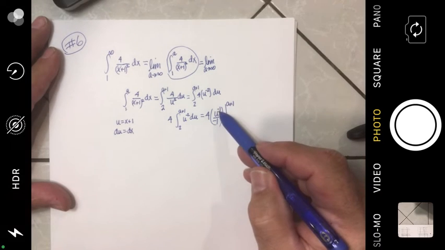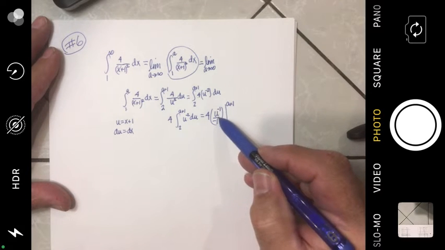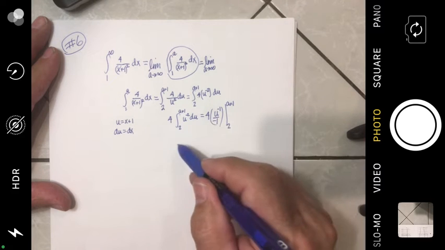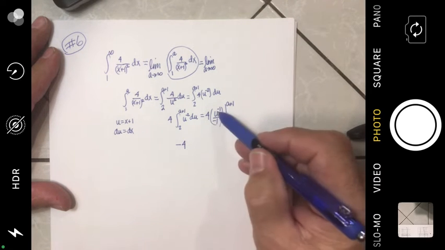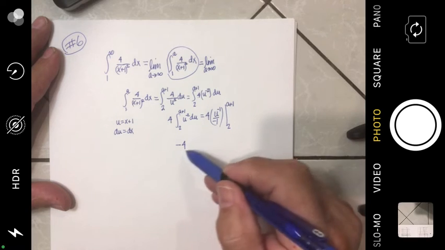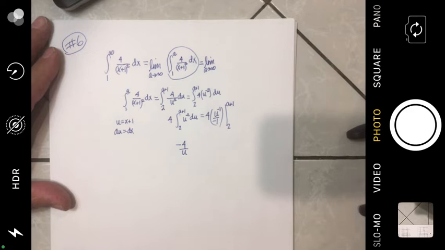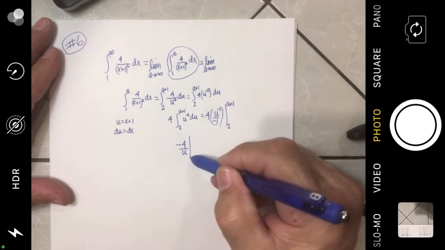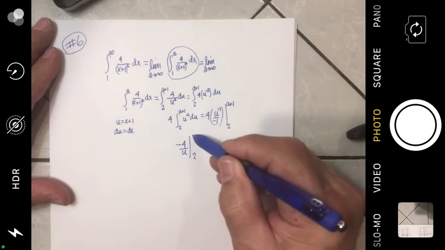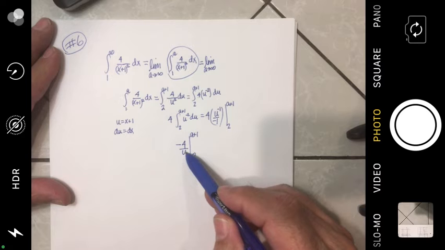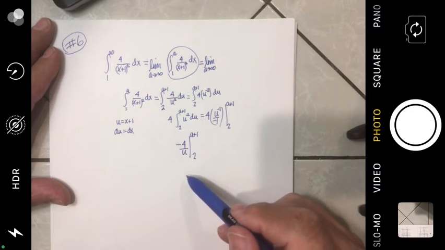Let's clean that up. The minus 1 can be taken up here, so it could be minus 4, and u to the minus 1 is 1 over u. You want to get that with a positive exponent so you can follow this. Evaluated from 2 to a plus 1. Now we put the a plus 1 in for u and the 2 in for u and do the subtraction.